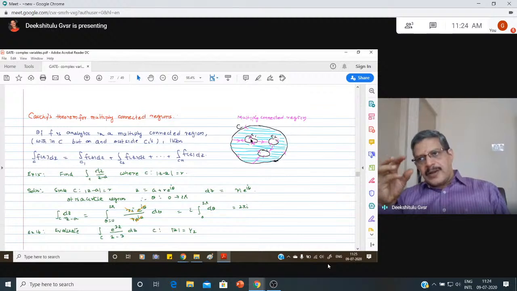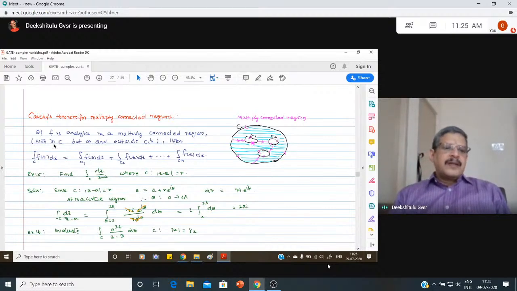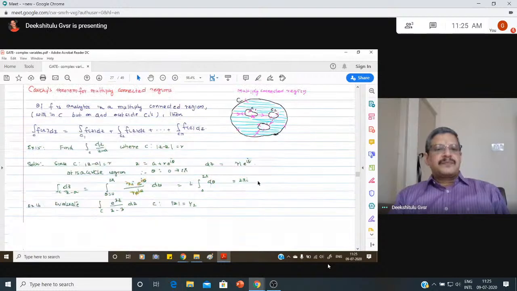We delete a small neighborhood around C1. Similarly, if you have another pole here, consider a small neighborhood and pull it out from the sheet, that is under C2, like that. Then the integral over C of f of z dz is the integral over C1 of f of z plus the integral over C2 of f of z, plus the integral over Cn of f of z. This is Cauchy's theorem for multiply connected regions.